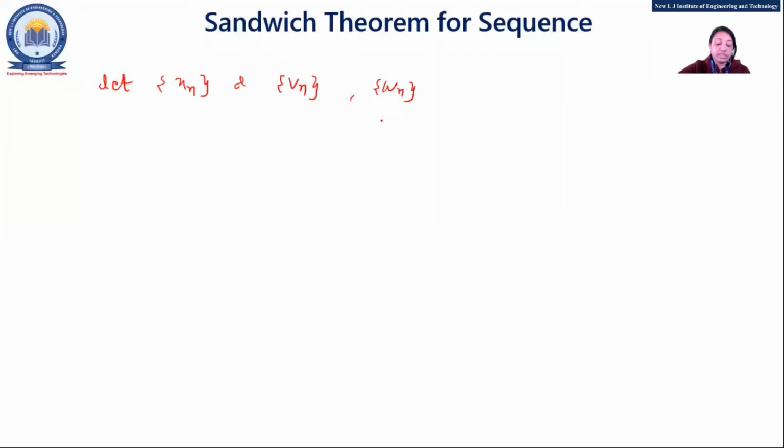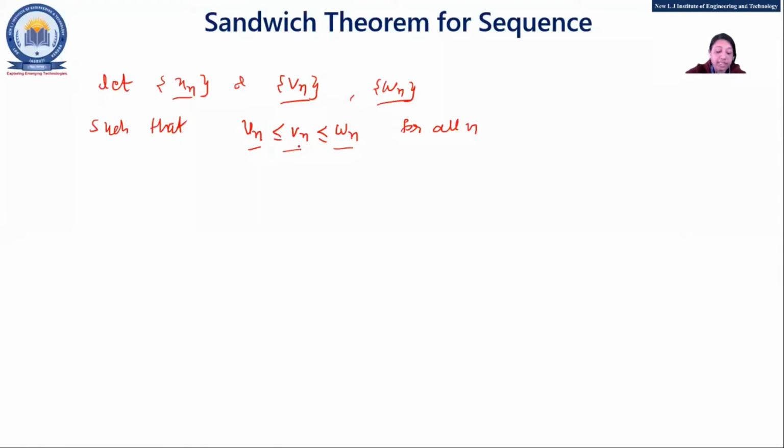Suppose we are having these three sequences such that Un is less than or equal to Vn, which is less than or equal to Wn, for all n. That means we'll be having three sequences and this is the condition, that is Un is less than or equal to Vn and less than or equal to Wn.